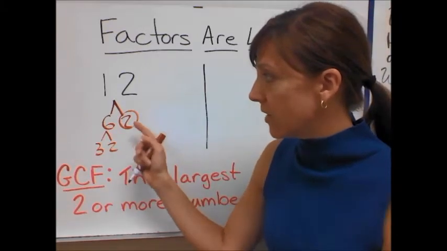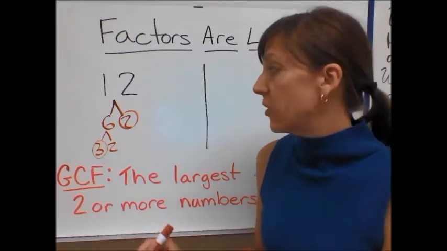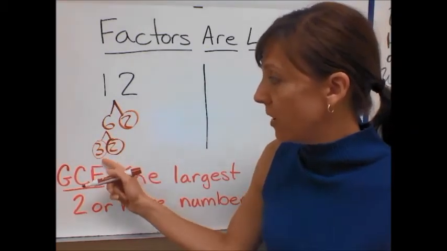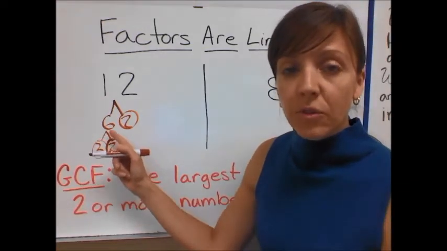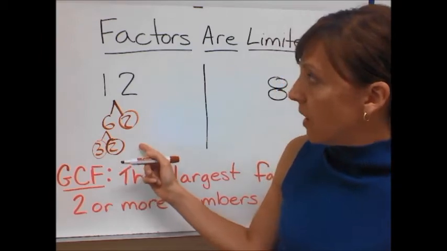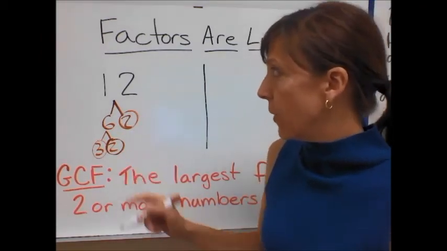This is called a factorization tree, which we have seen in our prime factorization video. There's a 3 and there's our 2, so 3 times 2 is 6, times 2 more is 12. This is the prime factorization of 12, and these are all factors of 12.